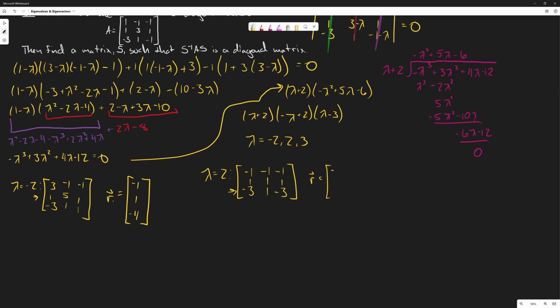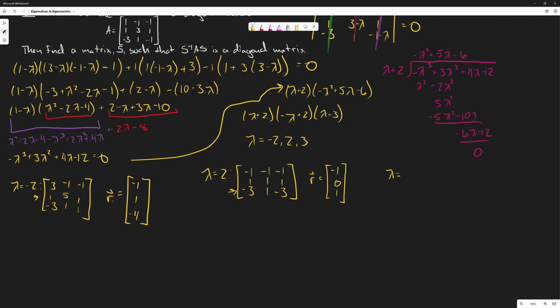Oh, we can make this negative 0, positive, because then that'll be 3, 0, negative 3. And then right here will be negative 1, 0, 1. And then it should be 1, 0, negative 1. Alright, so that one was easier.